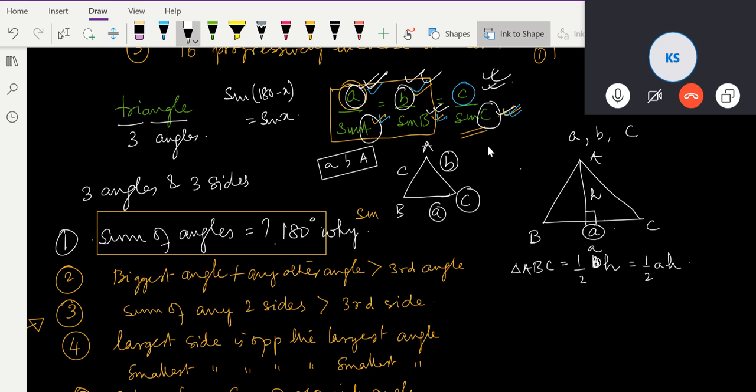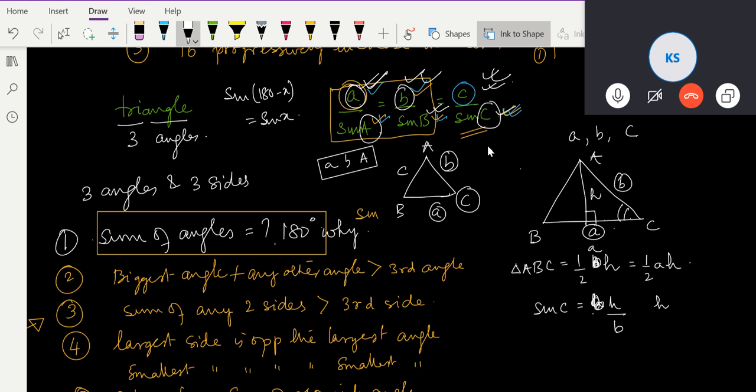Now what is H? We know sine C is equal to H over B. Correct?